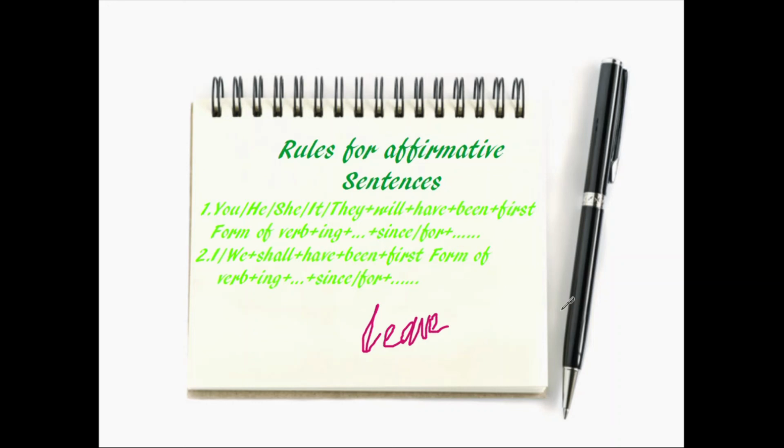By next April, I shall be leaving to Singapore, for 3 months or something. So I shall have been leaving, this leave is the first form of verb plus ing, leaving to Singapore for 3 months.